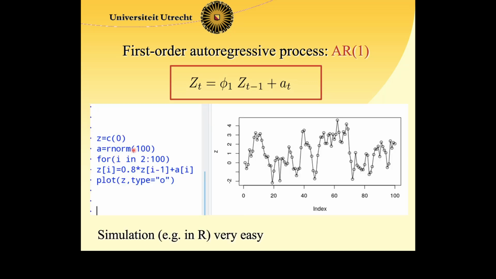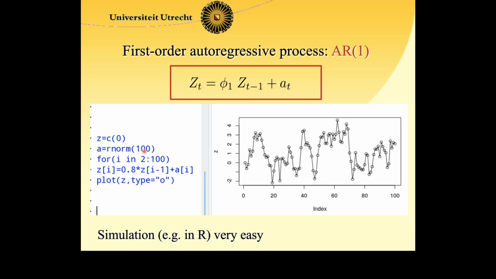Now we can easily simulate this again in R. We first define the initial value of Z. Well, it's going to be 0, as you can see here. Then we define A as a vector of length 100 of standard normal deviates.